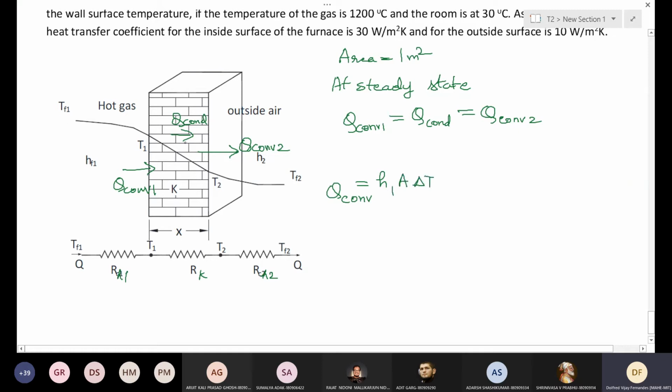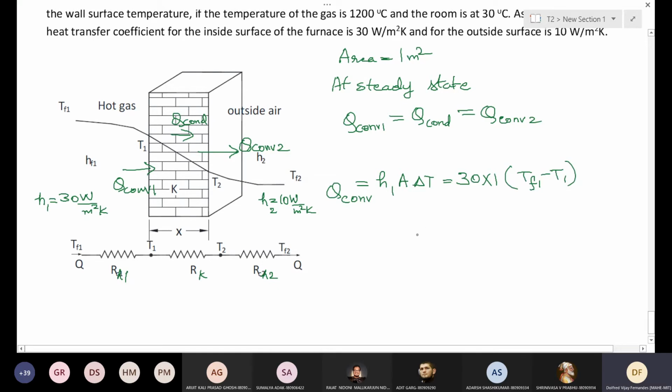Delta T is TF1 minus T1. So what is H1? H1 here on the hot side is 30 watt per meter squared Kelvin. On the cold outside, we have H2 equal to 10 watt per meter squared Kelvin. So H1 is 30, area is 1, and delta T is TF1 minus T1.